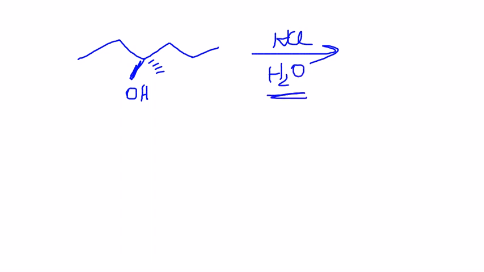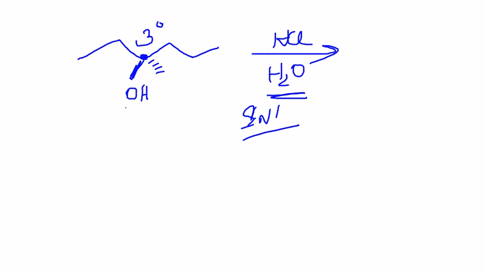So it shows you that it's going to be some kind of a substitution reaction, and perhaps an SN1 at that. An SN1 at that, because this carbon is a tertiary center. This is a protic solvent, and the fact that there is no heating, that tells you that there's going to be more substitution than elimination.